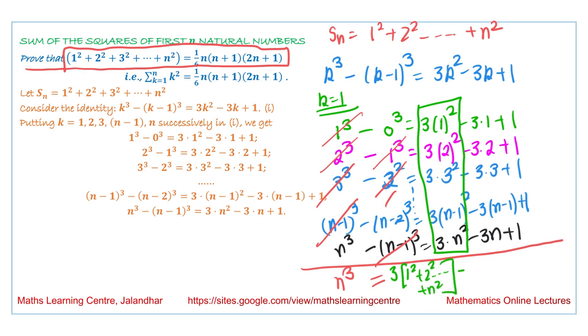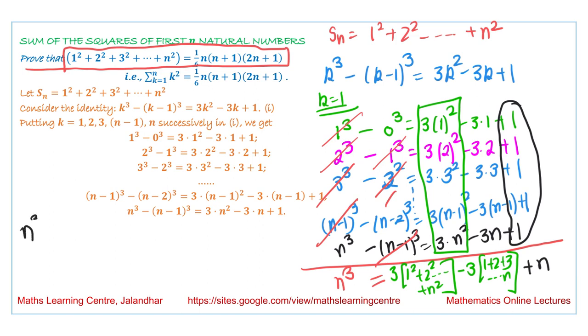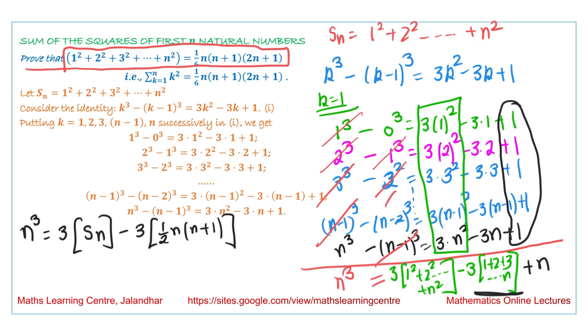From the next term we can take 3 common: 1 plus 2 plus 3 and so on up to n. And the last term is 1 being added n times, so this sum is equal to n. So by adding these terms we obtain n cube equal to 3 into Sn, minus 3 into 1 by 2 n into (n plus 1), plus n.